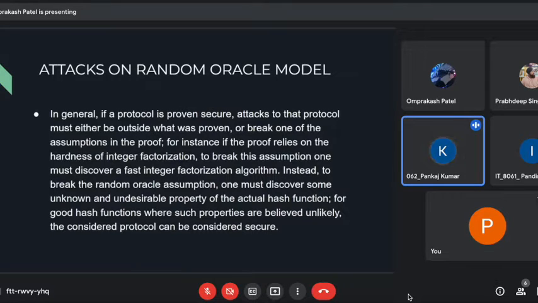Instead, to break the random oracle assumption, one must discover some unknown and undesirable property of the actual hash function. For good hash functions, where such properties are believed unlikely, the considered protocol can be considered secure.